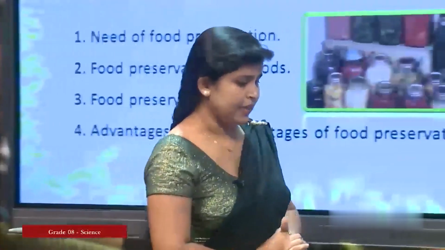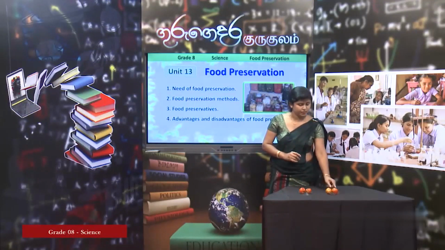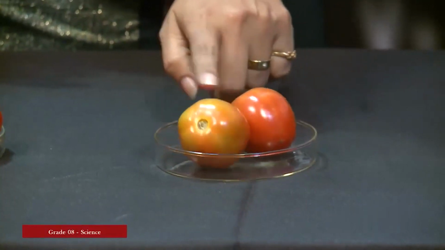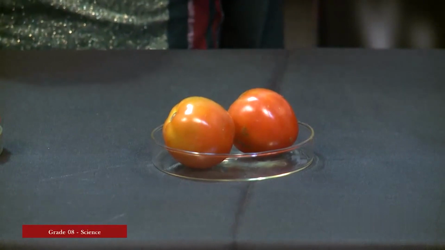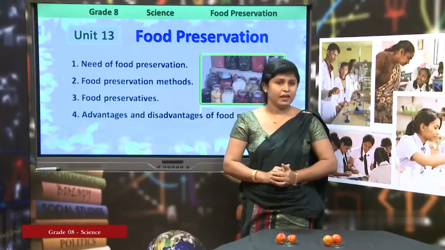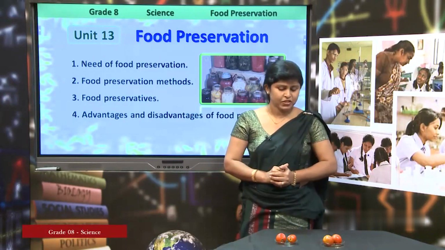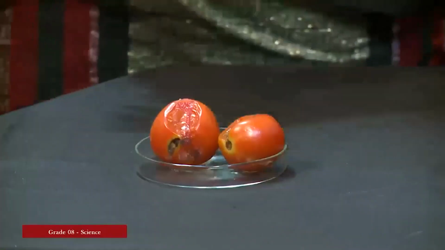Here you can see there is a fresh sample of tomatoes. You can see it has a brilliant red color. The sample is very fresh and the smell is good, and if I taste this, the taste also will be very fresh. But what can you say about this other sample of tomatoes? Right?